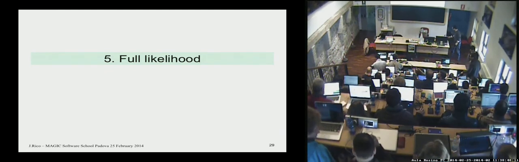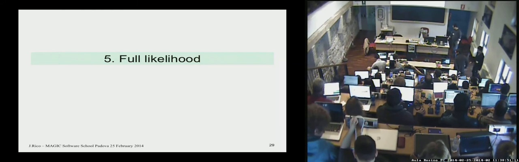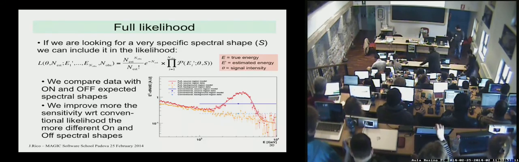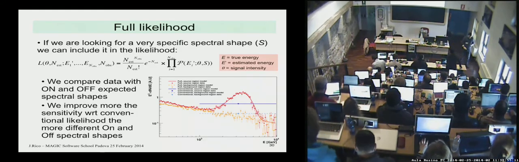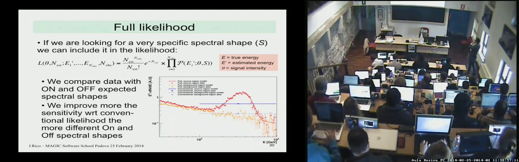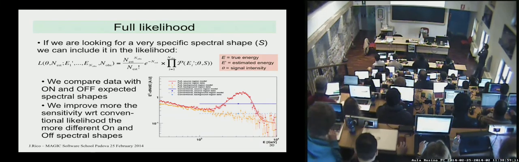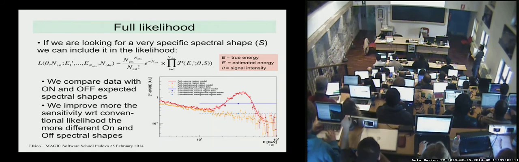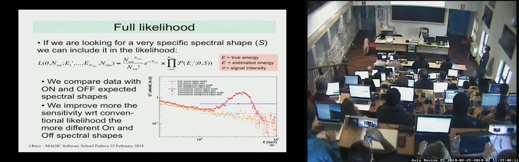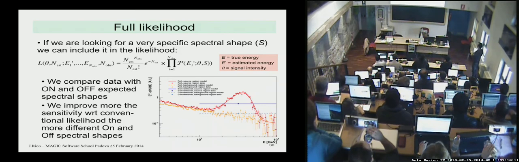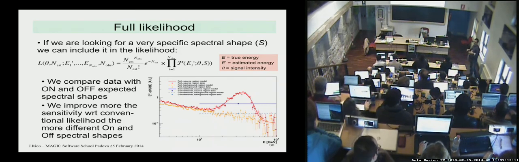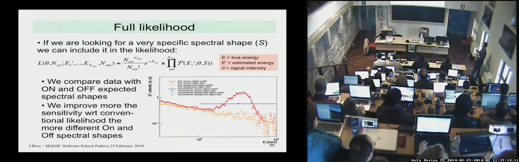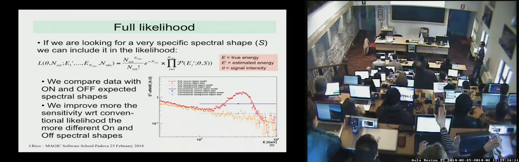Okay, so let me spend a couple of minutes on full likelihood. This is a method by which, in the case we are looking for a very specific spectral shape that we can know in advance, we include it in the likelihood. So we consider the spectral shape as a PDF of a random variable, which would be the estimated energy.